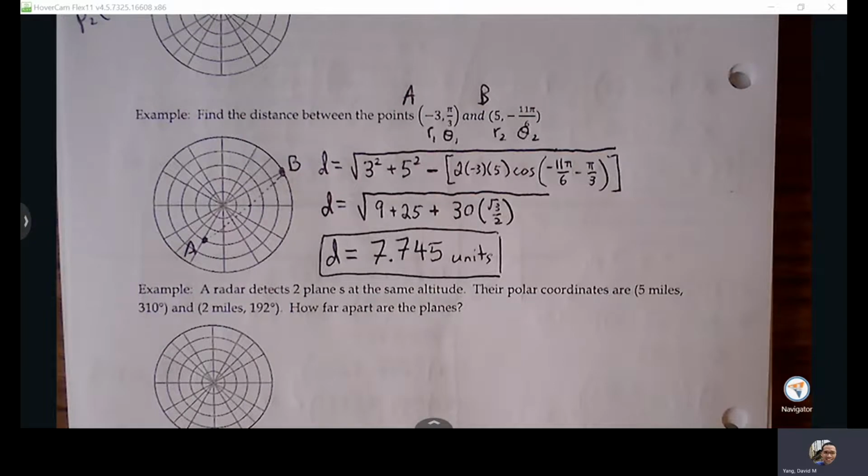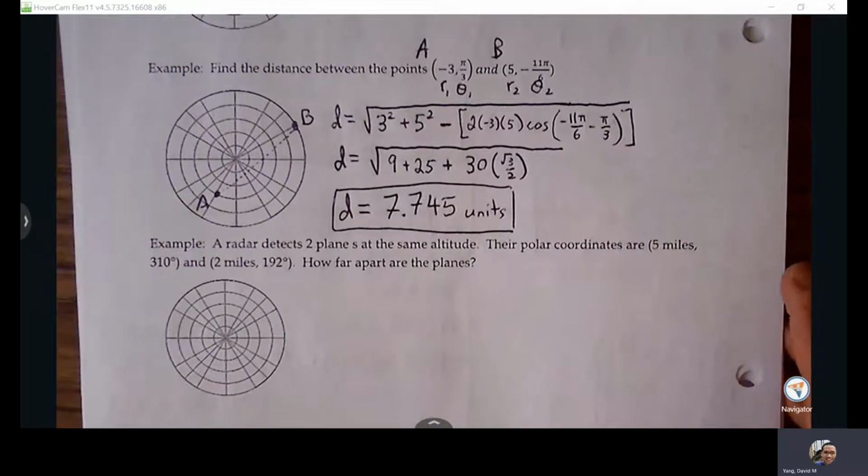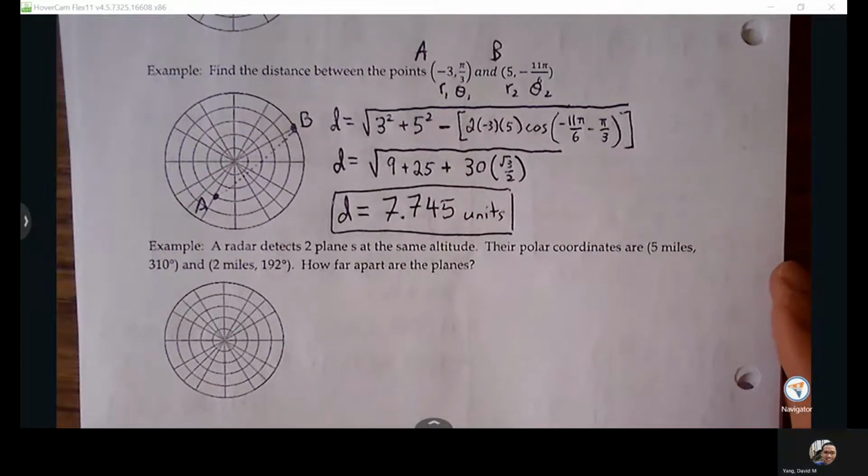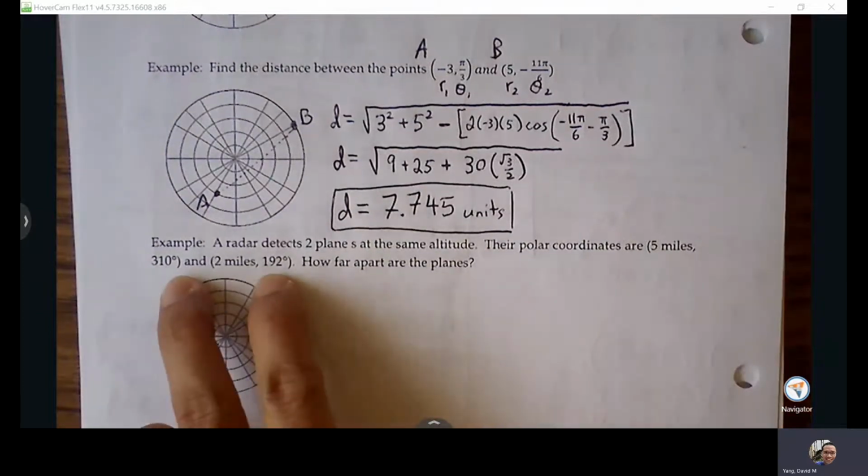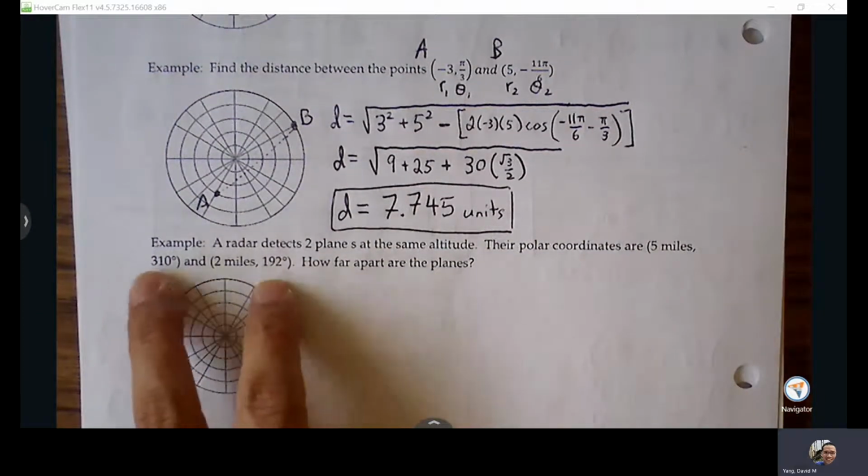Okay, trying the next example. What's different about this next example here? Degree. So yeah, make sure you go to the calculator and go to degree mode.